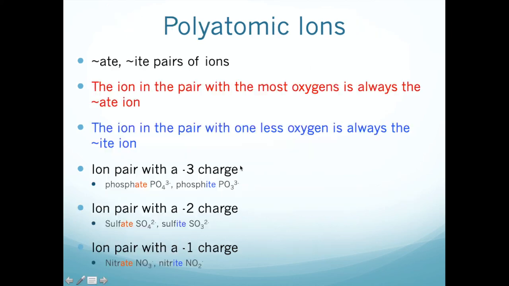Okay, so here is the rule that helps you. If you can memorize all of your -ate ions, you can accordingly figure out the formula of the corresponding -ite ion. All you have to do is drop an oxygen, but make sure that the charge does not change.